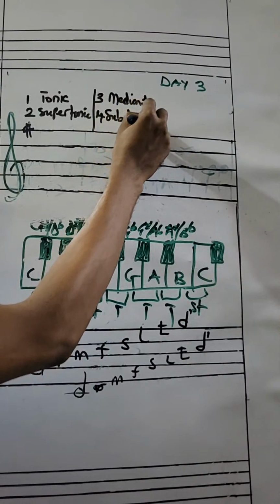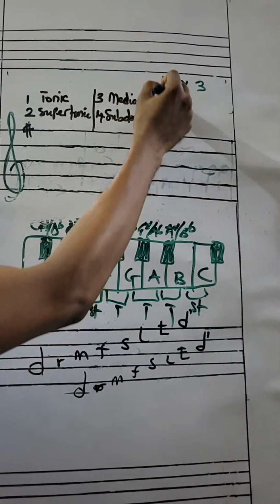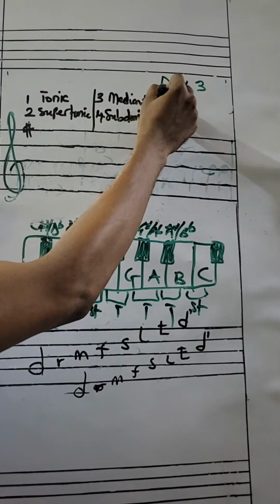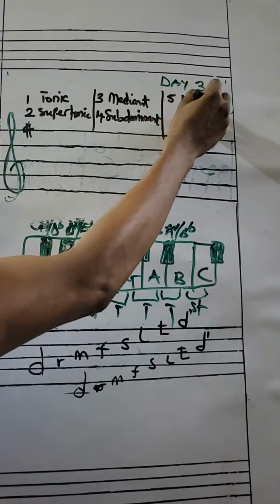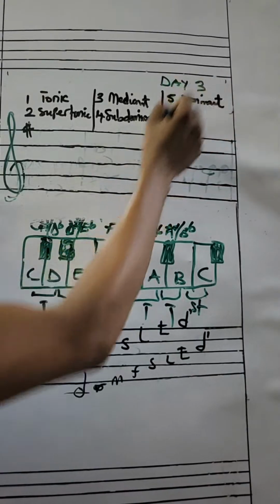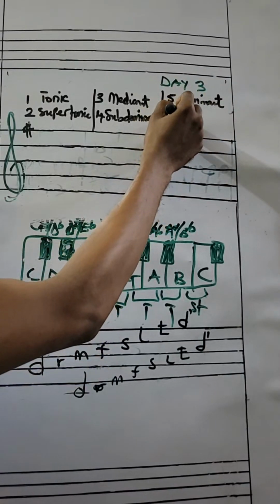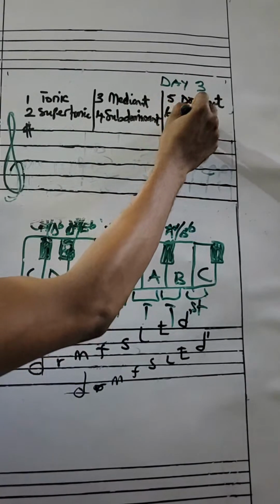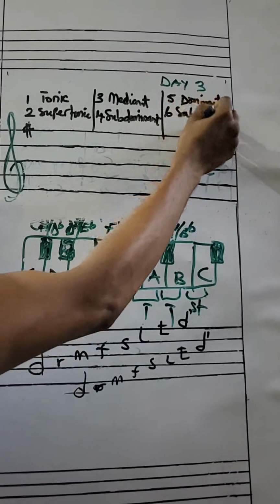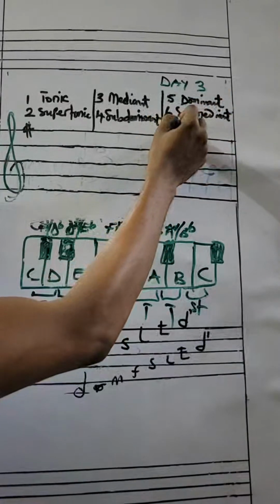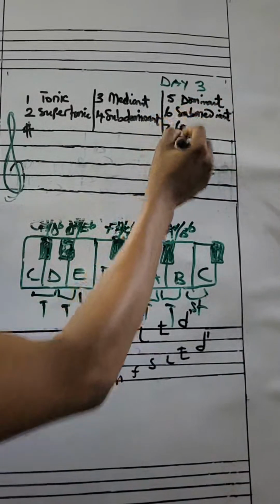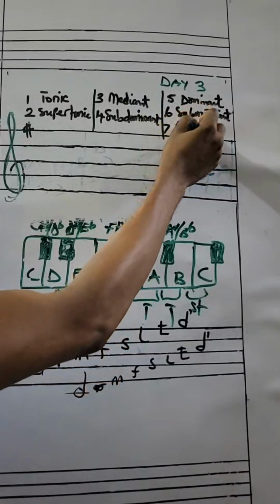Your fifth degree is called your dominant. Your sixth degree is called your submedian. And your seventh degree is called your leading note.